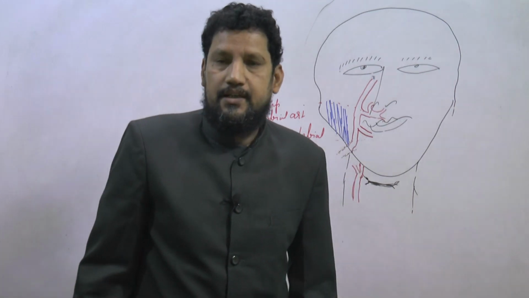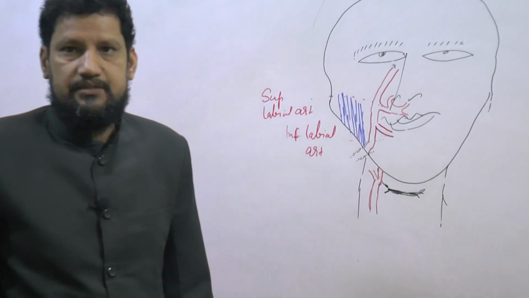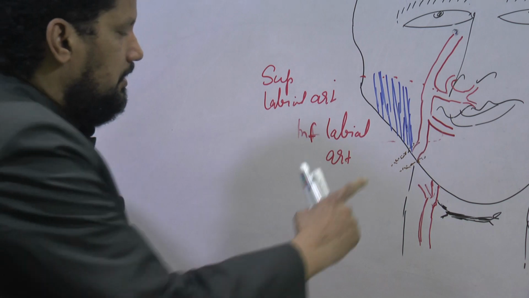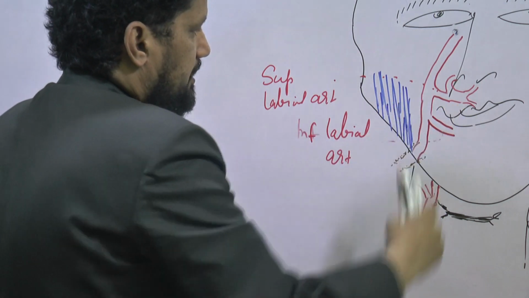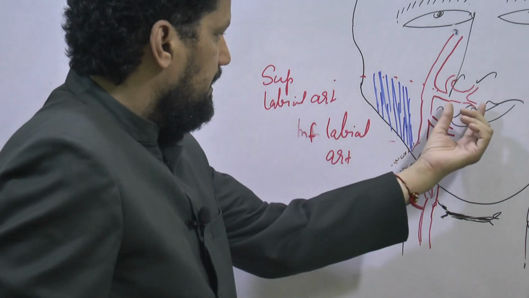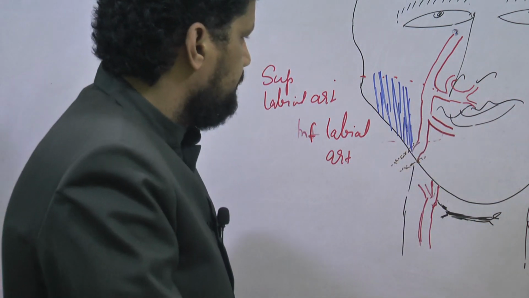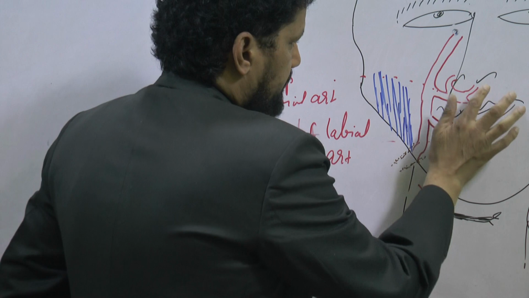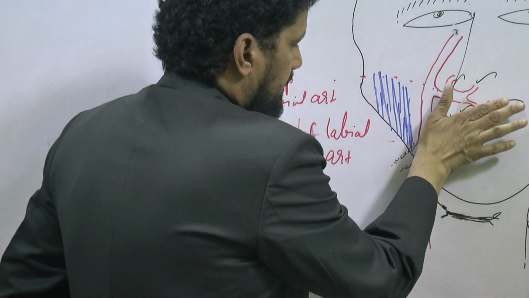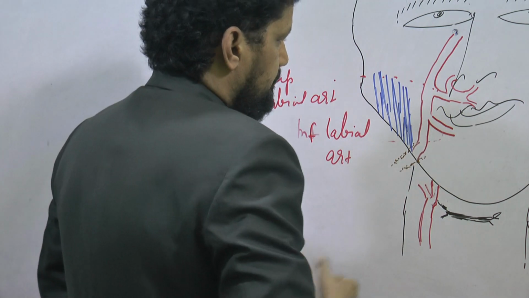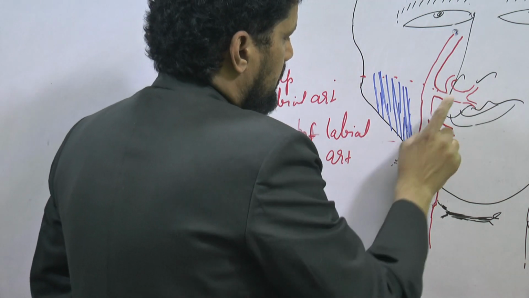Here we can see these 3 arteries more clearly. This is the labial branch, which will supply blood to the upper lip, the part of the face between the lower part of the nose and the upper part of the upper lip.